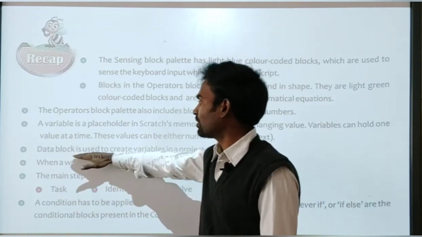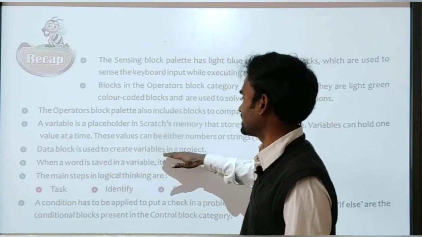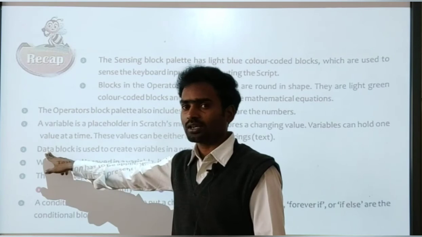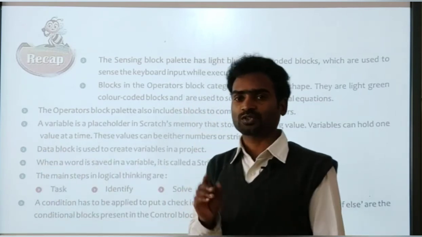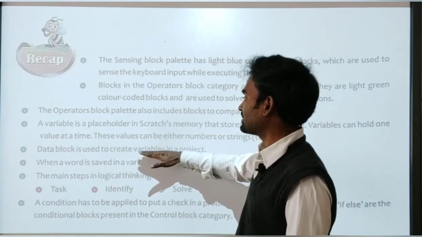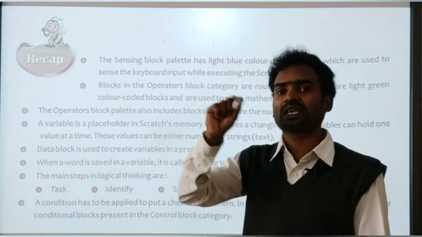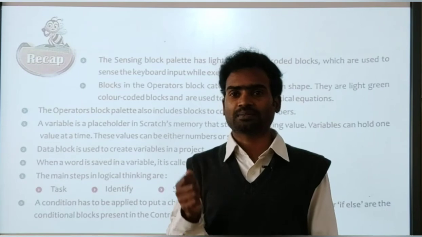And the data block is used to create a variable in a project. The latest versions do not give a data block, but directly give variables. There we can create user defined variables.